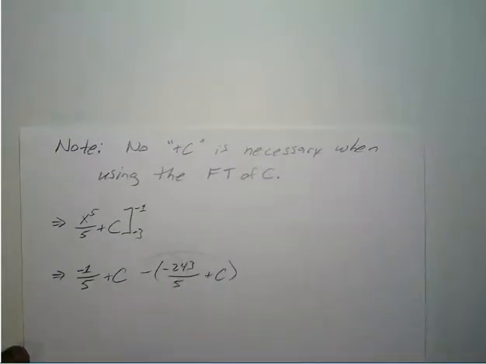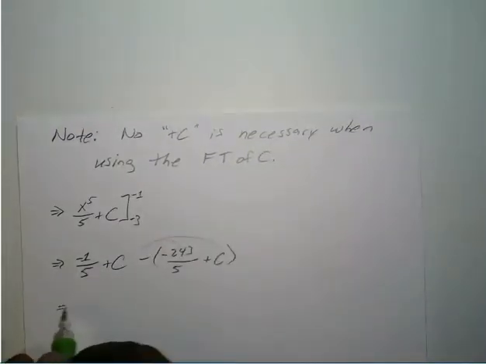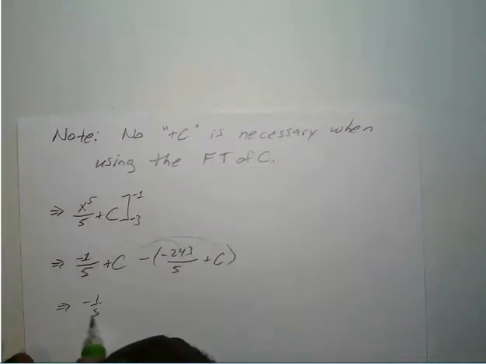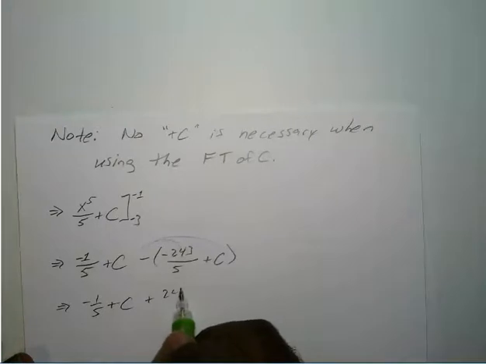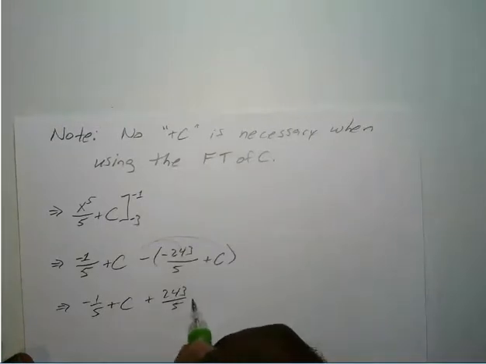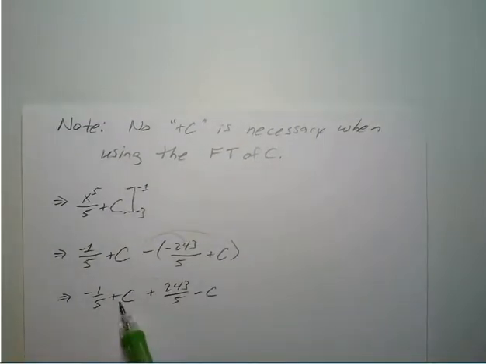So when we distribute that negative, we would end up with -1/5 plus c plus 243 over 5 minus c. So the plus c and minus c will always cancel each other out when you use the fundamental theorem. So that's why you didn't have to add it.